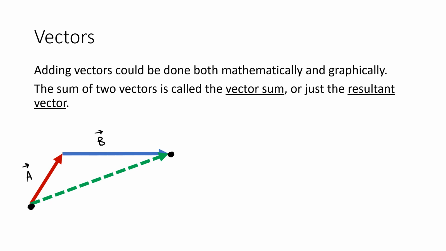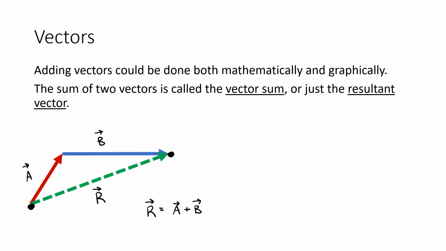It's going to be this green arrow that I'm going to call vector R for resultant vector. Let me write this first. So the resultant vector equals vector A plus vector B.